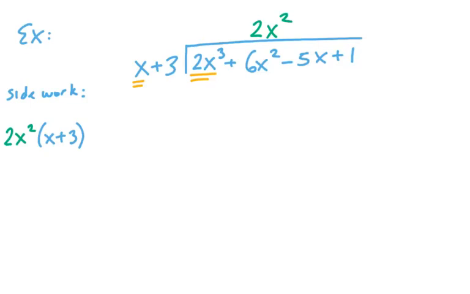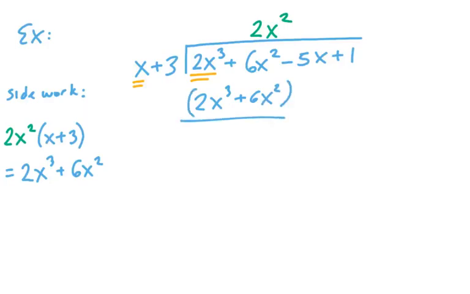I'm going to show what I get when I multiply 2x squared by x plus 3. That's the quantity that I'll be subtracting, just like we did in the previous problem. So I'm going to subtract off the result, which happens to be 2x cubed plus 6x squared. This whole quantity is being subtracted.